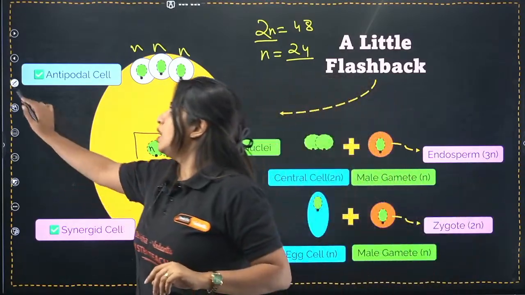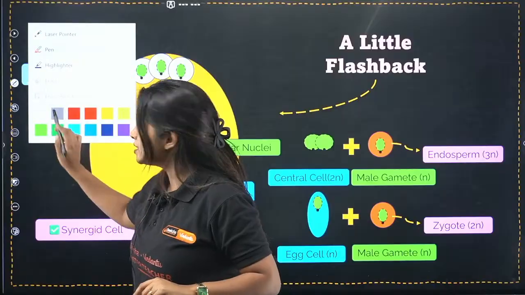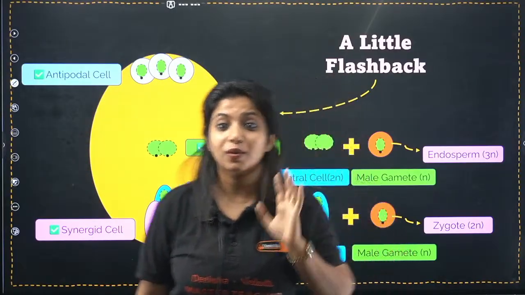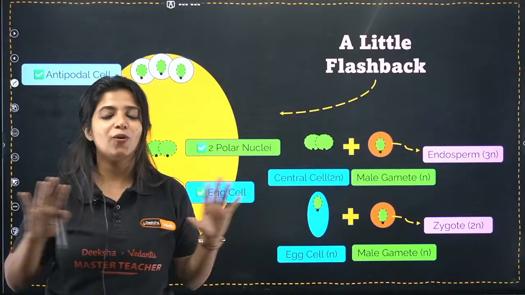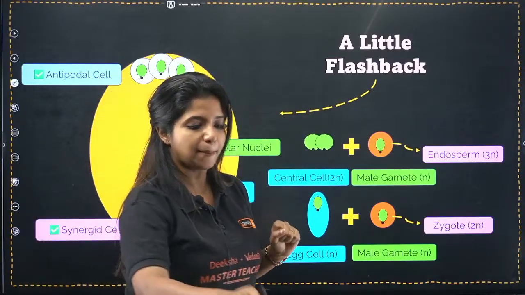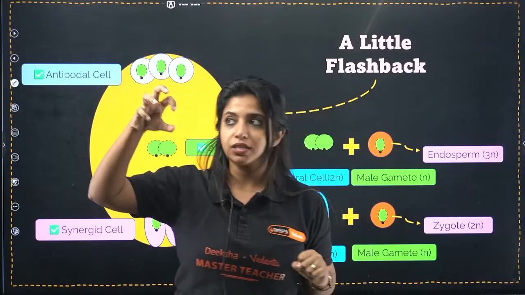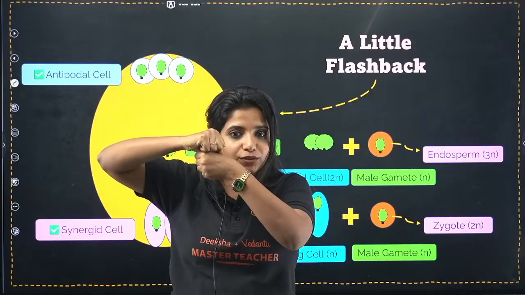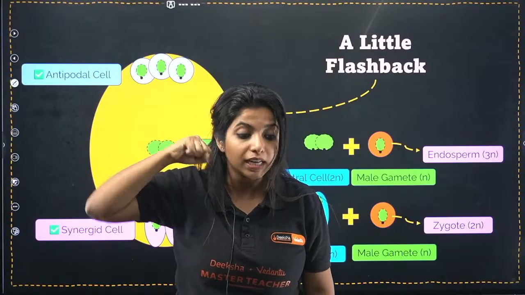Now the reason why I spoke about all of this is that right now fertilization is going to happen, and I'll be talking about that, and then you will get the whole picture very clearly. So what exactly happens is that a pollen grain comes and lands on the stigma of the plant. Now while it does, you need to understand the pollen grain contains gametes.